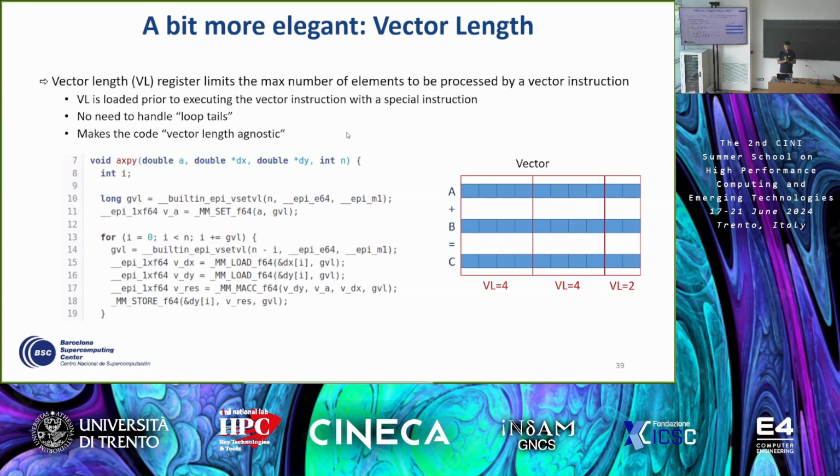Now, let me jump to one more elegant way of handling vectors. That is the one that is introduced in RISC-V, but it's also present in the ARM extension. This is a way to handle vector tails. Let's assume that we don't have an instruction that is fixed, but we just have the maximum that is fixed.